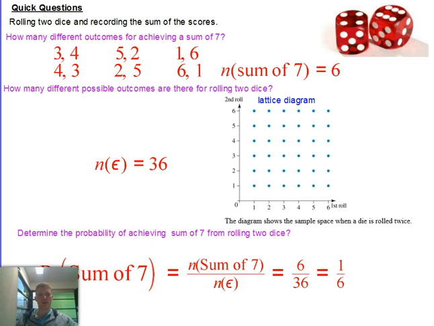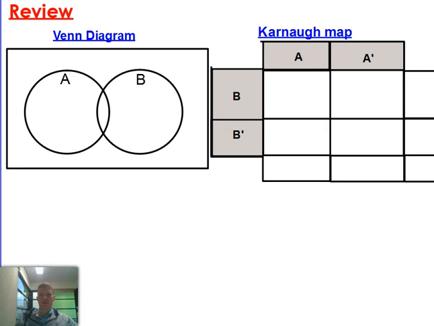As a quick review, now let's think about these two diagrams. When we use diagrams to solve problems, we need to have an understanding of the diagram and the different regions of the diagram and what they mean. So here's our Karnaugh map and our Venn diagram. As you can see, they're both two events. The Karnaugh map allows you to clearly see all 4 possibilities where you have the event A and its complement, and the same for event B. So the first part is this region.